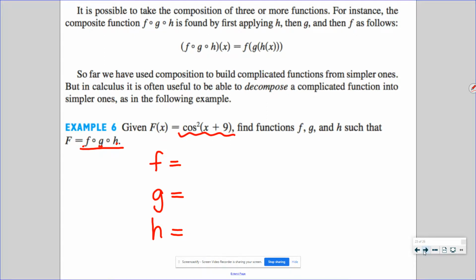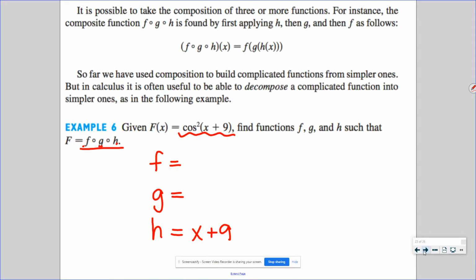So what I do is I usually tell my students to start on the inside, the very most inside thing in this equation, and that would be what was plugged in first. So the inside to me would be x plus 9, so we're going to call that h. And then you kind of work your way through.